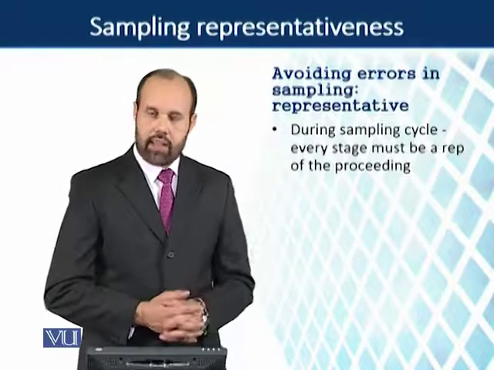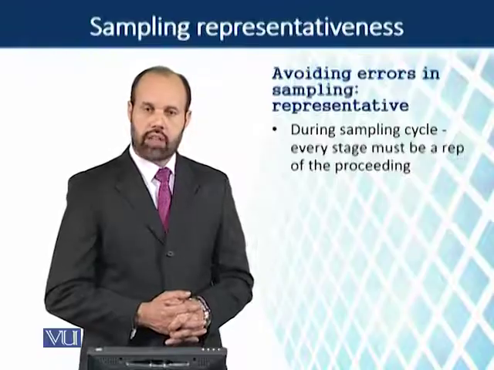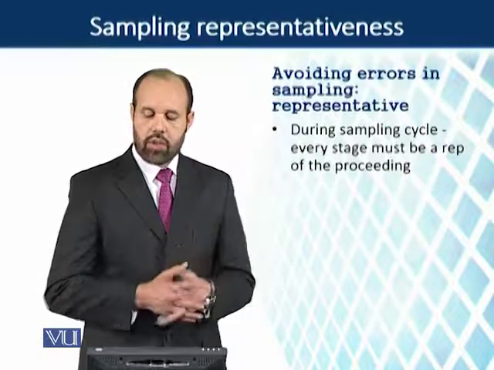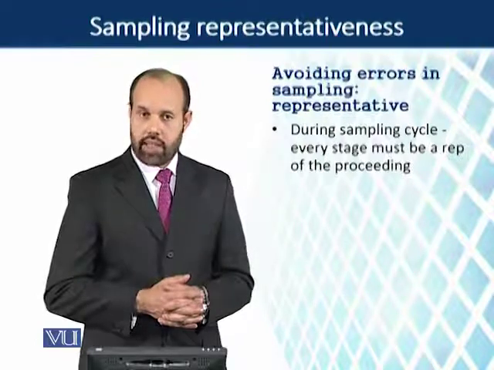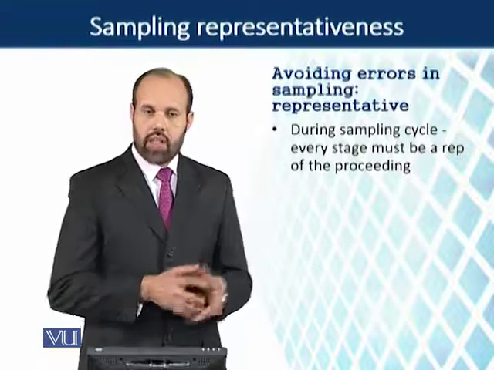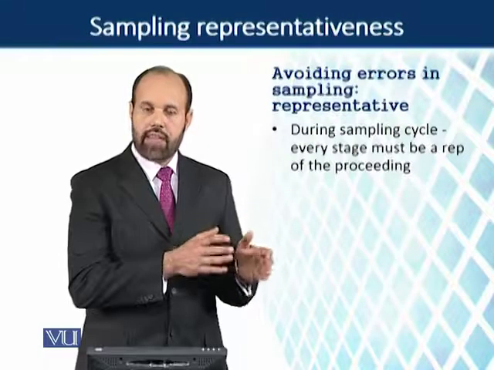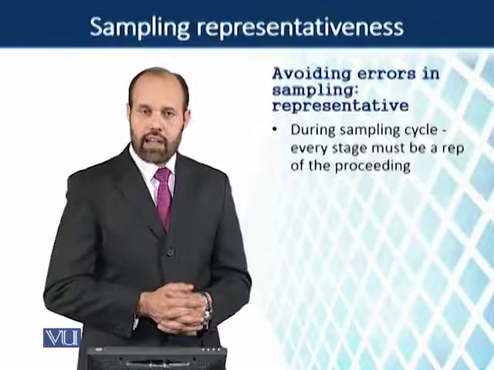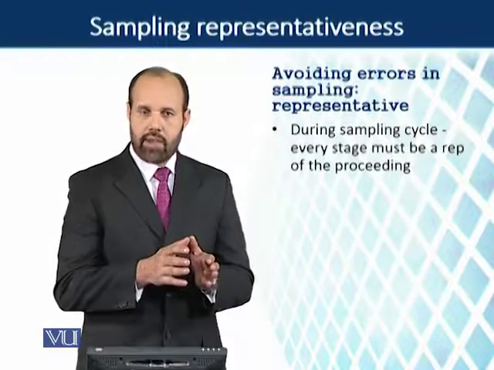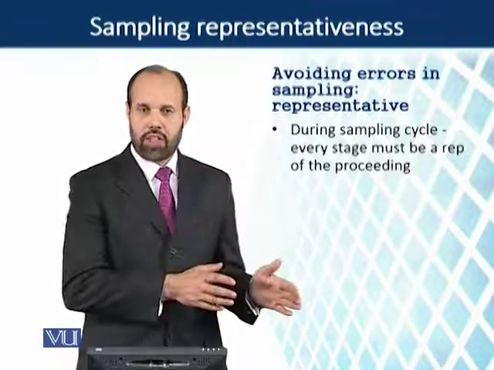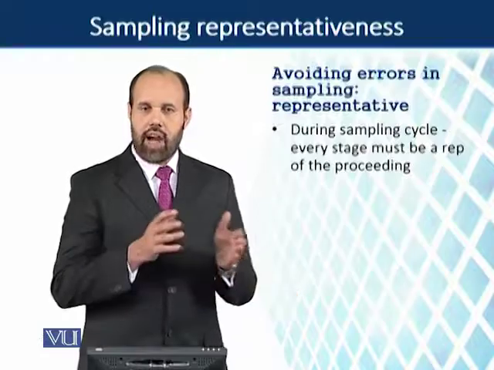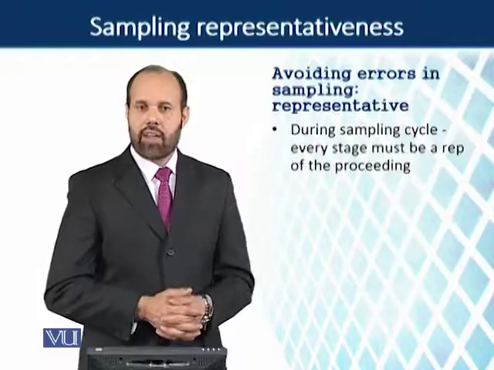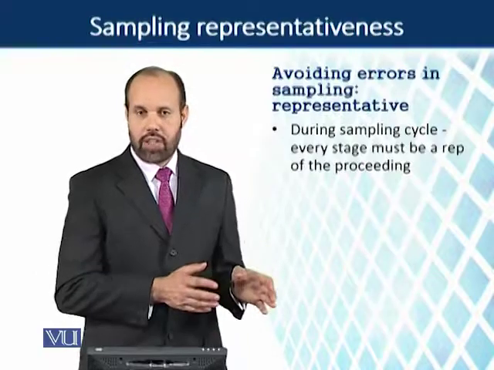During the sampling cycle, we must make sure that every stage is truly representative of the preceding one, right? So the point is that our population universe is reflected in our invited samples, and then our invited samples are generalizable to the population, right? Similarly, our selected samples from the invited samples represent the whole population, right?